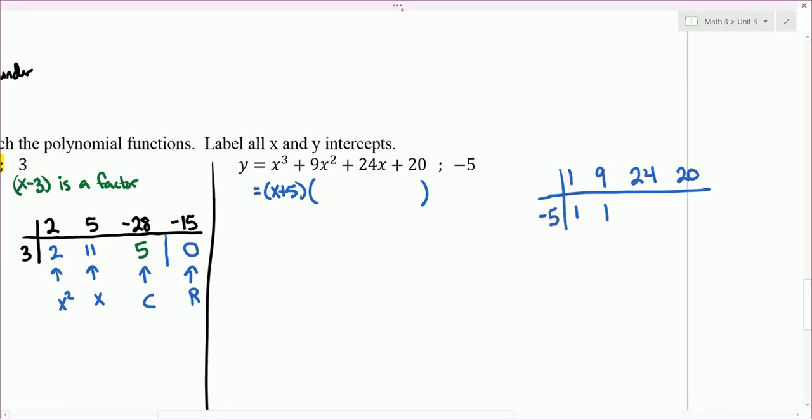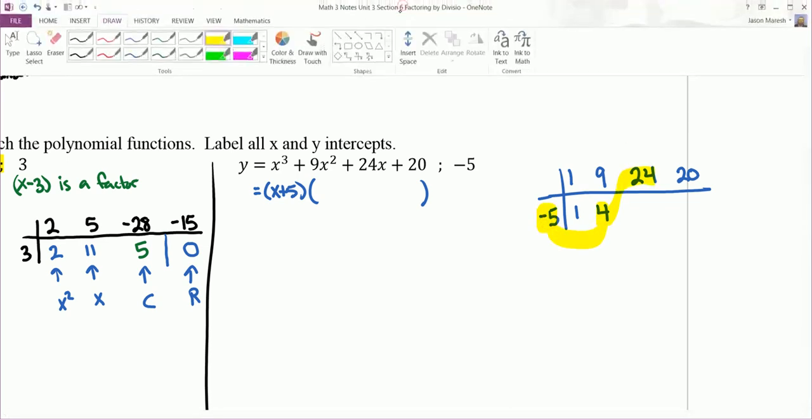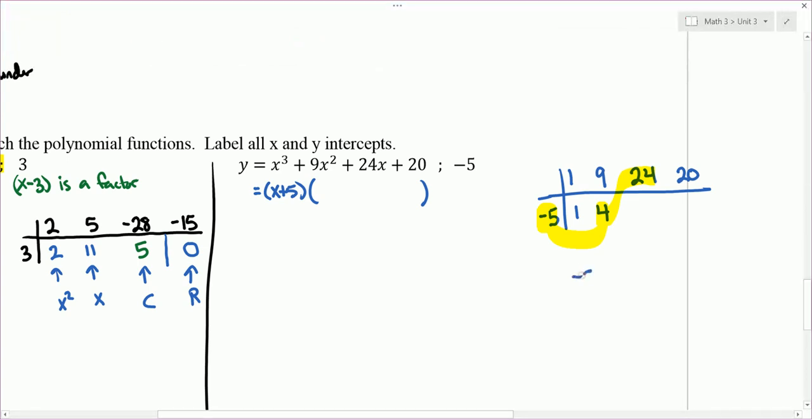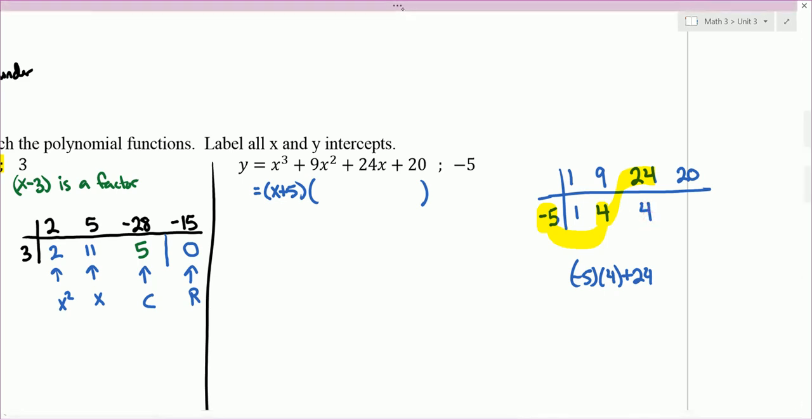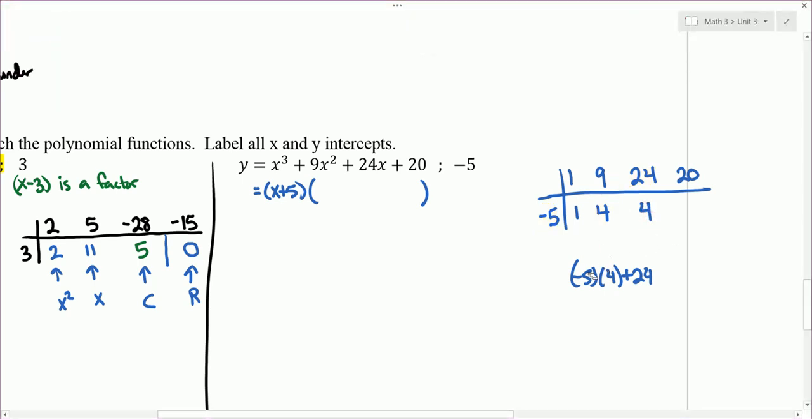Next, we're going to multiply the negative 5 with the 4 and add it to 24. So negative 5 times 4 is negative 20, plus 24 is 4. Write that beneath the 24.